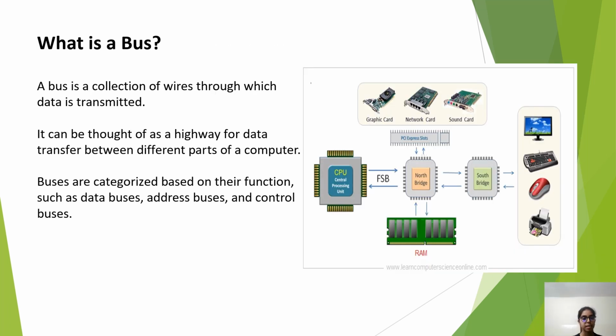What is a bus? A bus is a collection of wires through which data is transmitted. It can be thought of as a highway for data transfer between different parts of a computer. Buses are categorized based on function, such as data buses, address buses, and control buses.